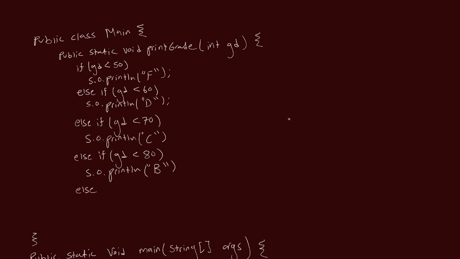Else, System.out.println A. Okay. Oh yeah, and then add the semicolons at the end.